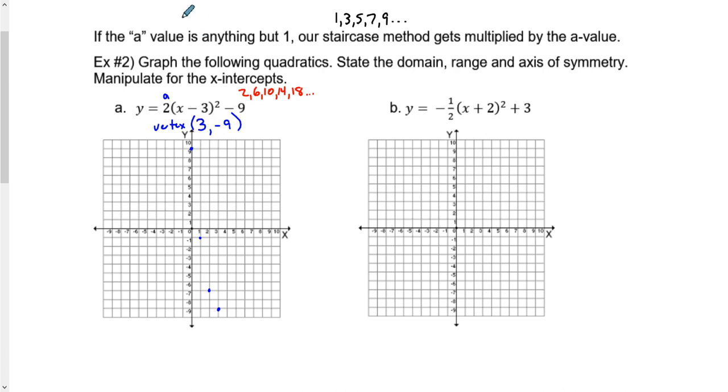Next one, 14 would be nice and high up there. So we're going to go on the other side. From our vertex, we're going to be going over 1, up 2, over 1, up 6, over 1, up 10. And of course, connect the dots nicely.